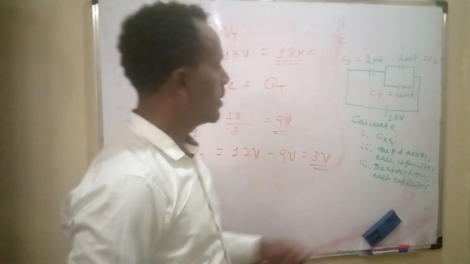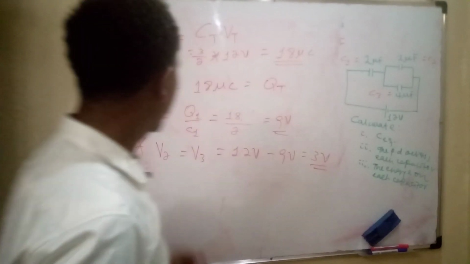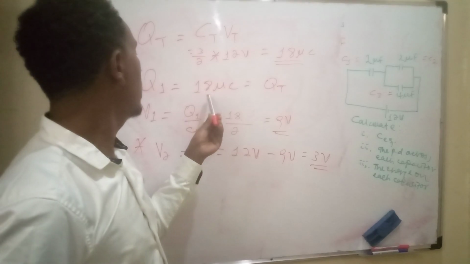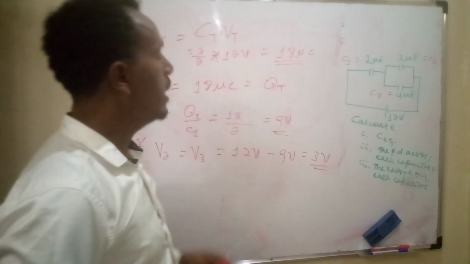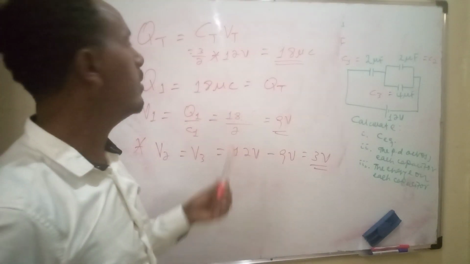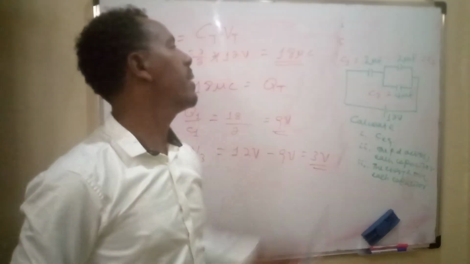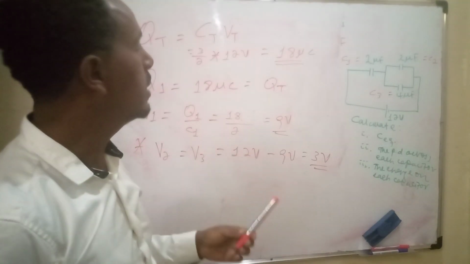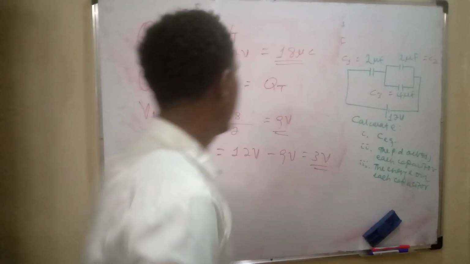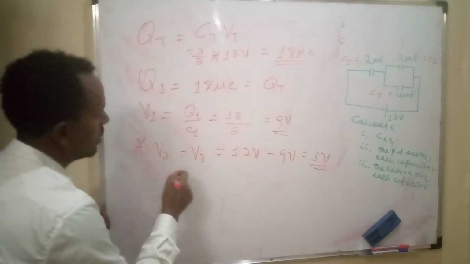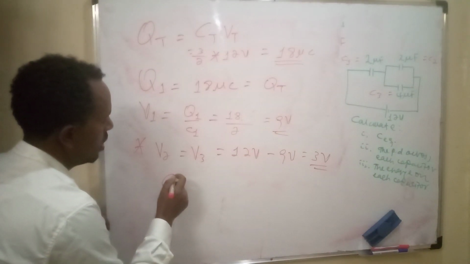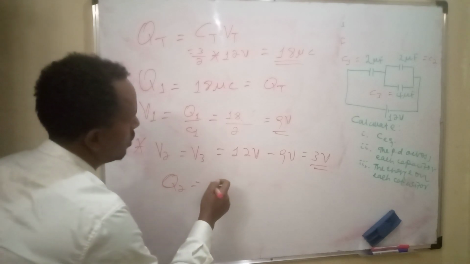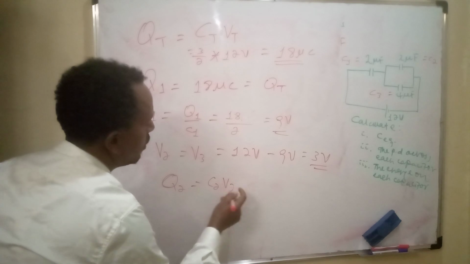Question number 3: the charge on each capacitor. The charge on capacitor 1 is calculated, which is equal to 18 microcoulomb. Since it is connected in series, the charge on capacitor 1 is equal to the total charge. The charge on capacitor 2, Q2, is equal to C2 times V2.